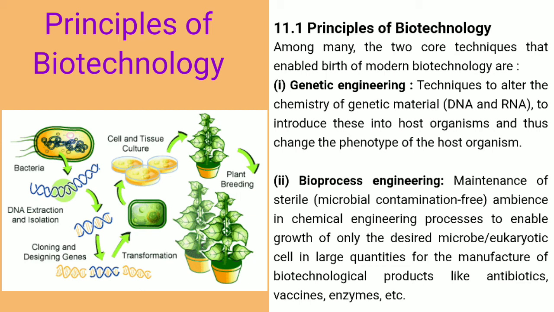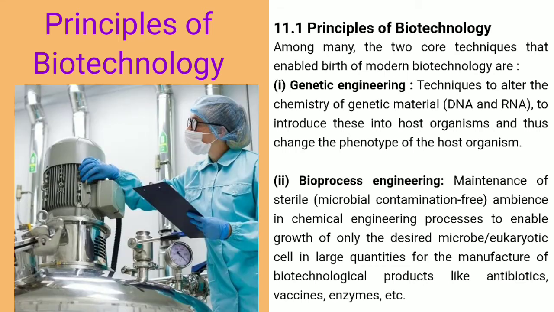As you know, here live organisms are required, for example, bacteria, fungi, etc. So it is the maintenance of a sterile, that is microbial contamination free, ambience in chemical engineering processes to enable growth of only the desired microbe or eukaryotic cell in large quantities for the manufacture of biotechnological products like antibiotics, vaccines, enzymes, etc.